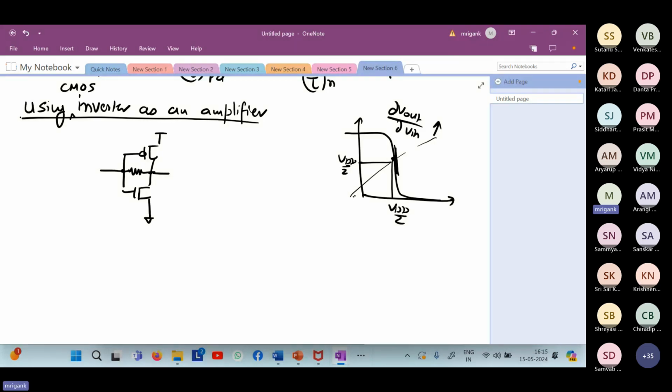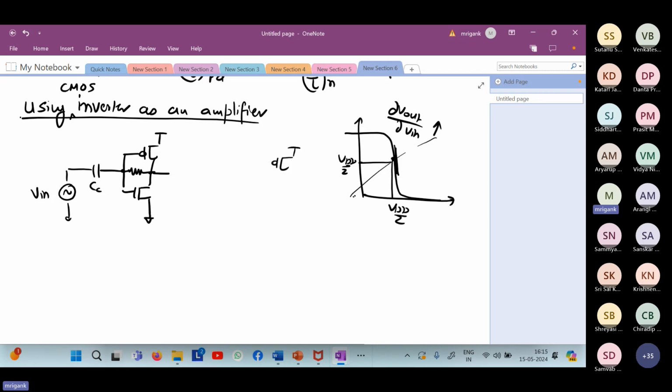Suppose you have a capacitively coupled input. You are applying a signal, V in, an AC signal. Now, can you tell how is it going to work like an amplifier? In the previous case, without the R, what is the alternative?